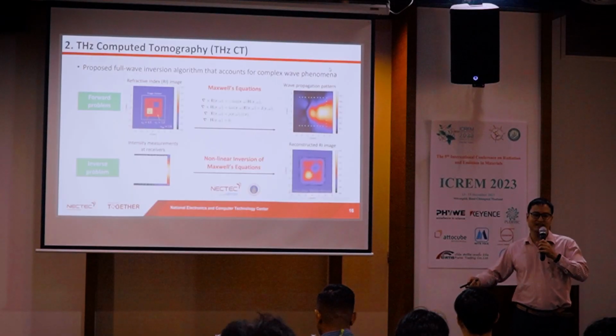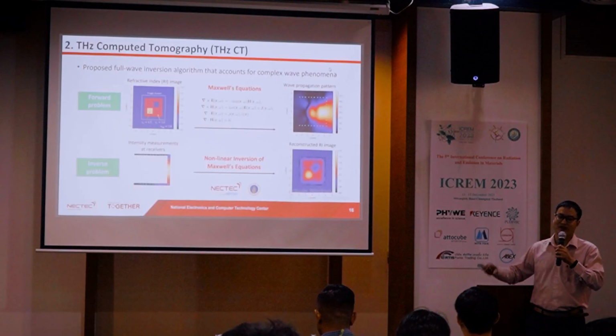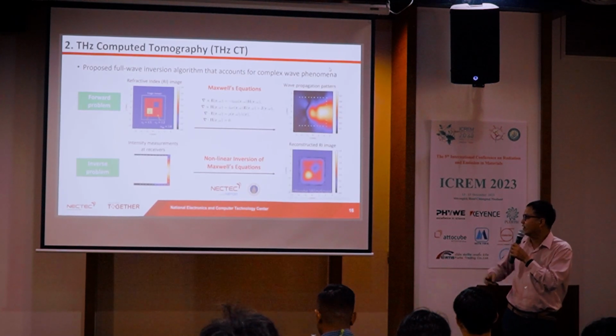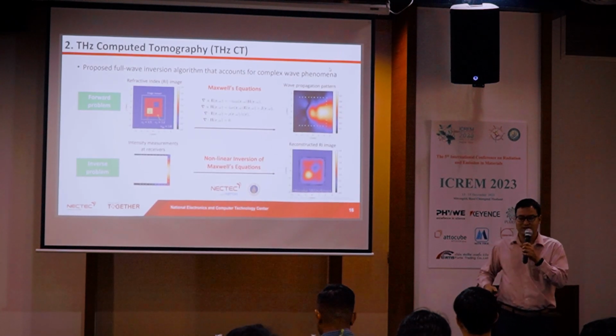So that's the concept idea. Now, the reason that it's nonlinear is because there can be so many answers that give you the same wave propagation pattern. And that makes it very challenging to get the solution that is correct. So that's why the problem here is very interesting in the research field.